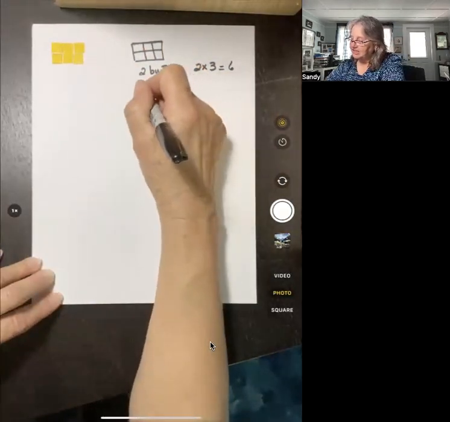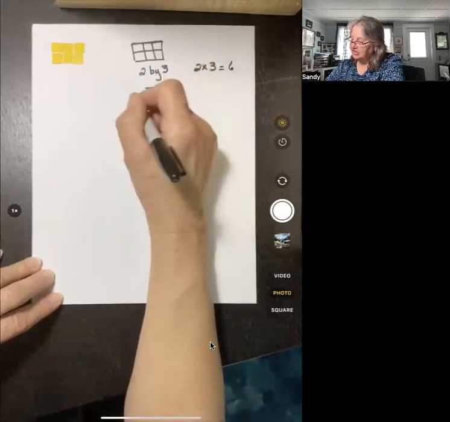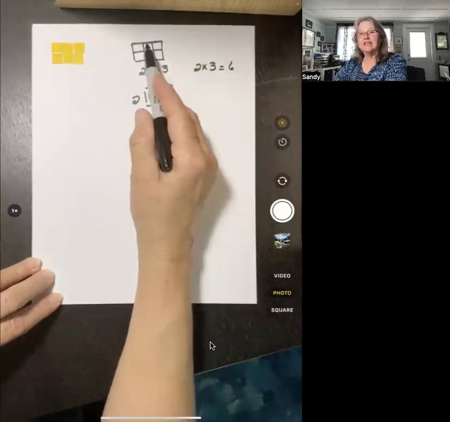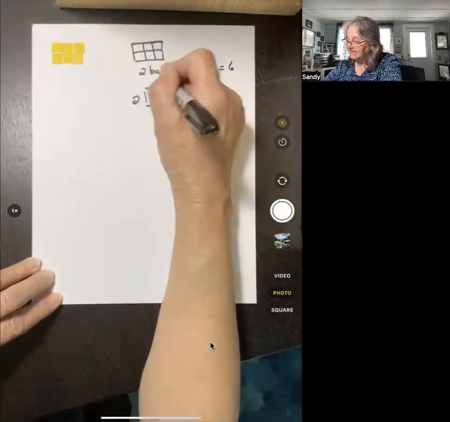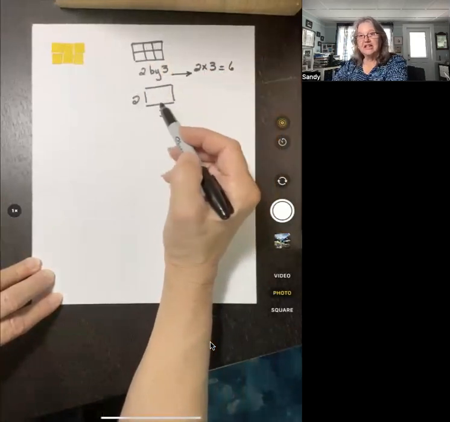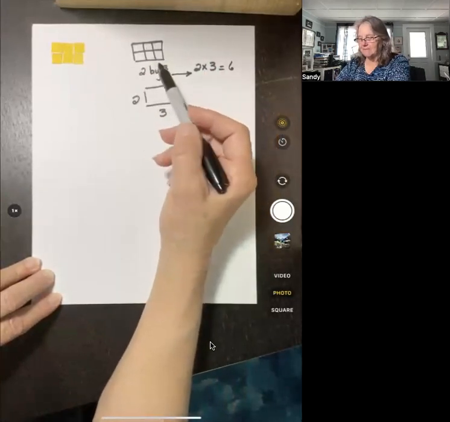Eventually, we transition them from drawing in all those lines to just having the 2 by 3, but picturing those square units in it. So they still connect this to that, picturing the lines. So we do enough activities with them to get them used to that.